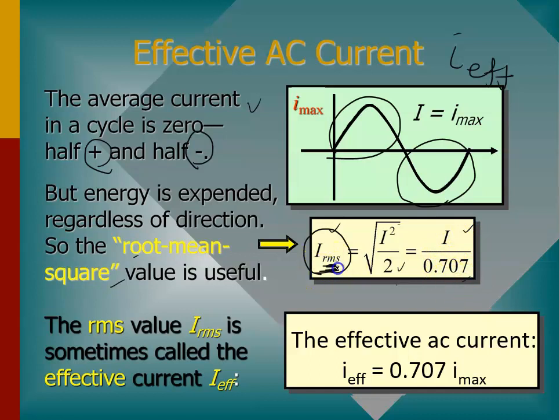Now the relation of this I RMS with I effective is this one. The RMS value is sometimes called the effective current, because this is the value that is actually used when you switch on the switch in the circuit.